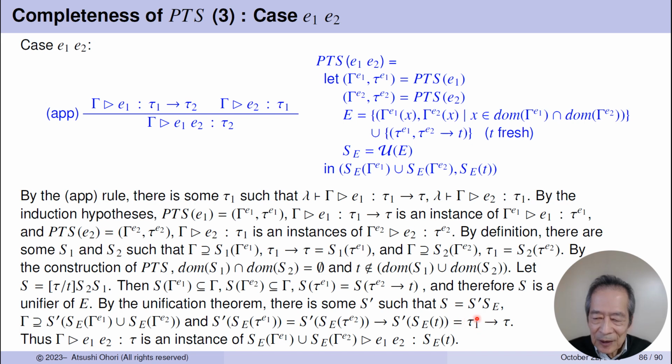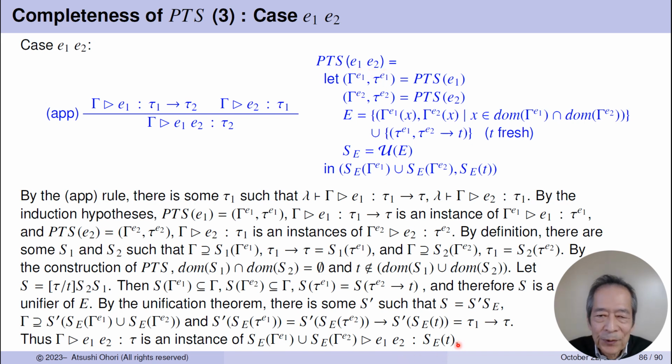That is the type tau 1 arrow tau. So this property is obtained, and therefore this given arbitrarily chosen derivable typing is an instance of the result of the algorithm, in this case for this application.